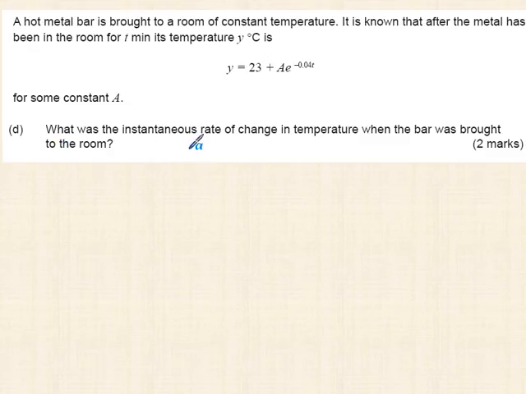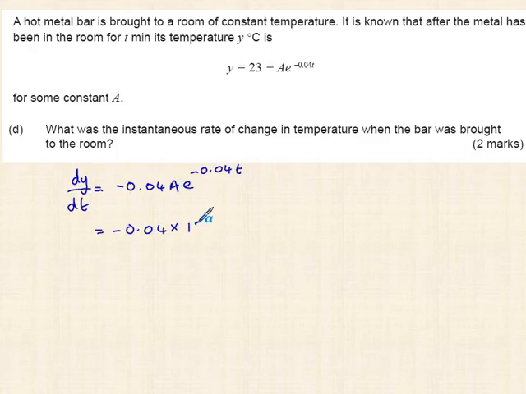What was the instantaneous rate of change in temperature when the bar was brought into the room? So we need to differentiate. dy/dt is going to be negative 0.04 A e to the negative 0.04 t. We know that A is approximately 137, and when t is 0, we know that this will all be 1.